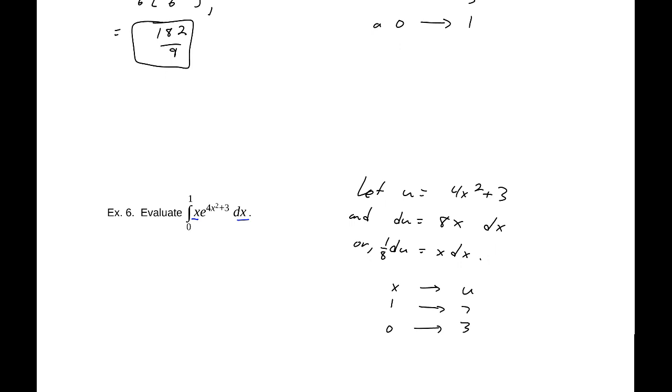So I'm going to take the integral from 3 to 7 of 1/8, I'll go ahead and factor that out, du, and that is e to the u. Well, that will be e to the u. It's the only function that is its own antiderivative.